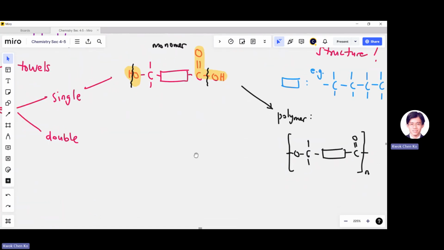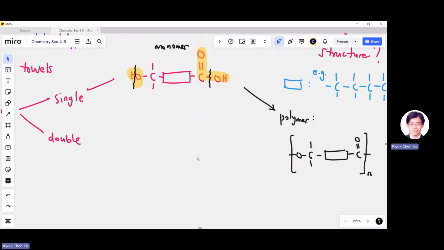It looks similar, except you have 2 different monomers, not one. So one of them looks like this. You still have the carboxylic acid. Right, you have 2.